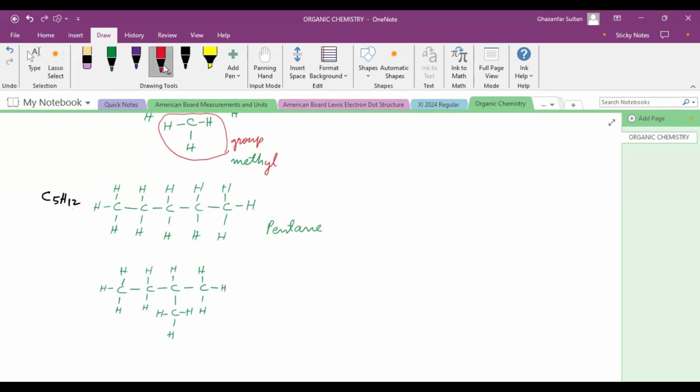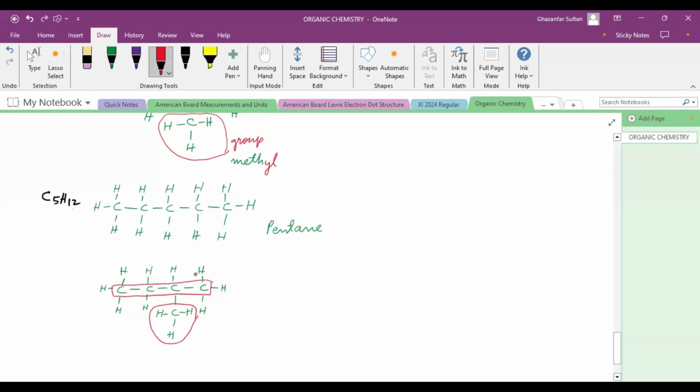Okay. Now, if you want to select a basic chain, the basic chain can be the straight chain or it can be turned here. Then this would be the group, no issue. So this is the group, and here again it is the methyl group because 1 carbon atom is there. So the name, first we write the group.